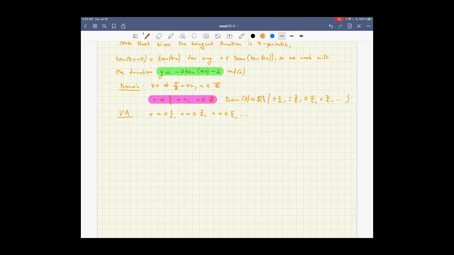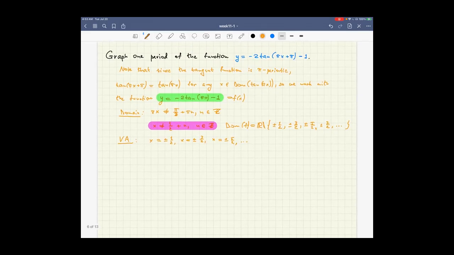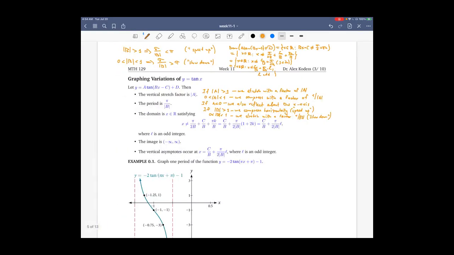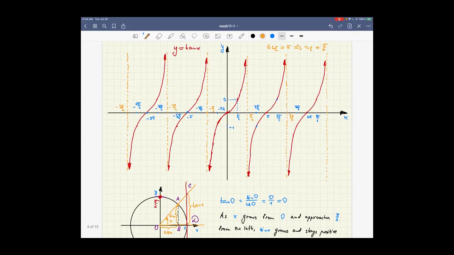Just like for any tangent function, there will be infinitely many vertical asymptotes. And at this point, I very much want to start with the classical tangent function and perform a number of transformations. So I want to copy the classical tangent function here.